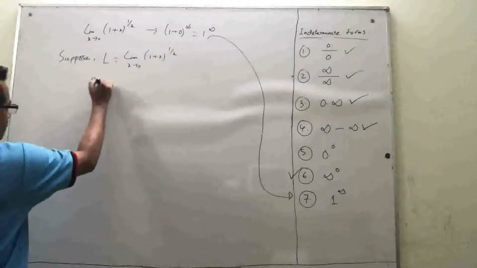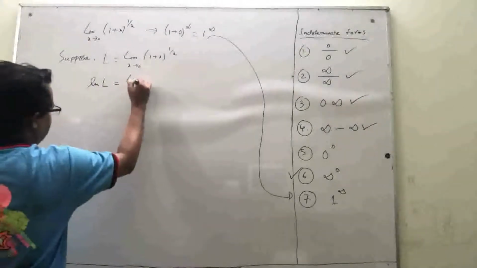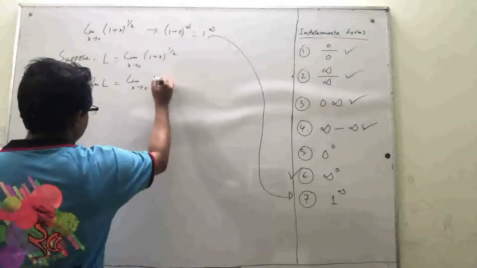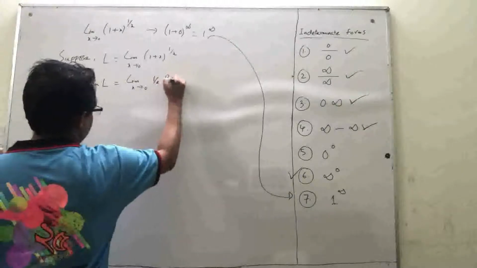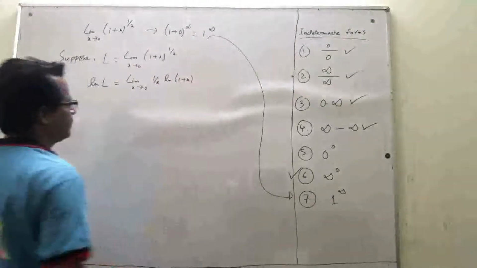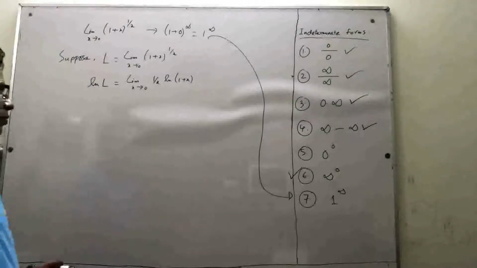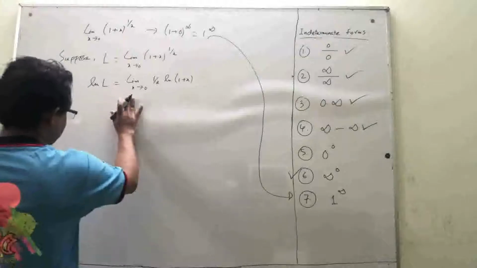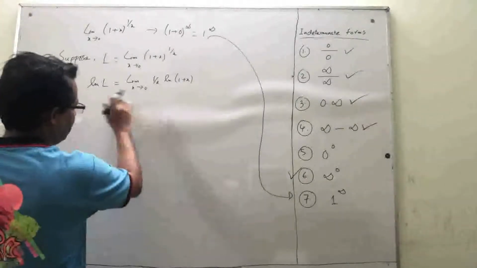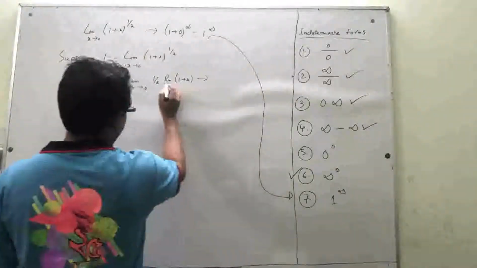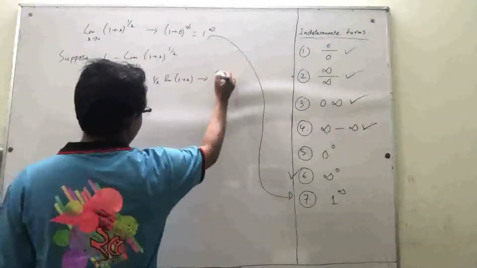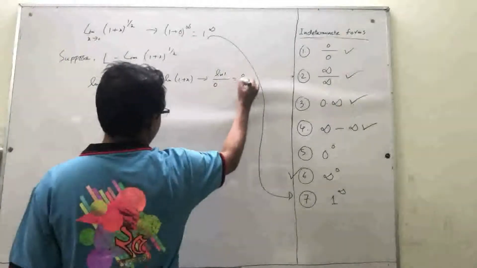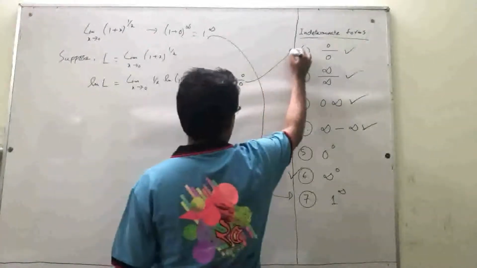Now taking logarithm, ln L equal to limit x tends to 0, 1 by x ln (1 plus x). If we check the value of this function at x equal to 0, we have ln (1 plus 0), that is ln 1, over 0. Ln 1 equal to 0, so 0 over 0, which is another indeterminate form.